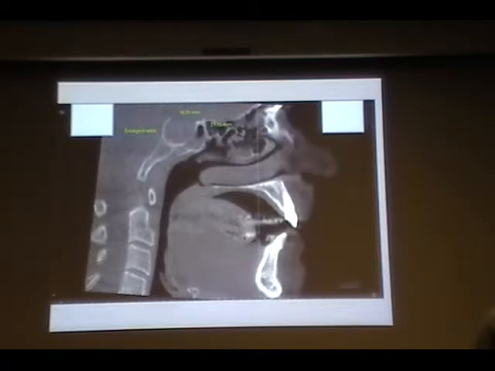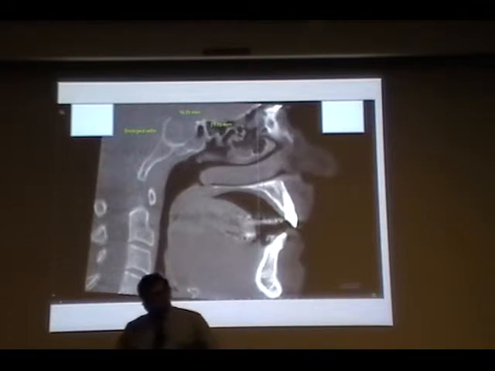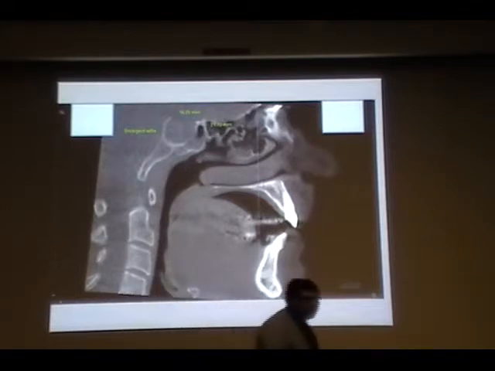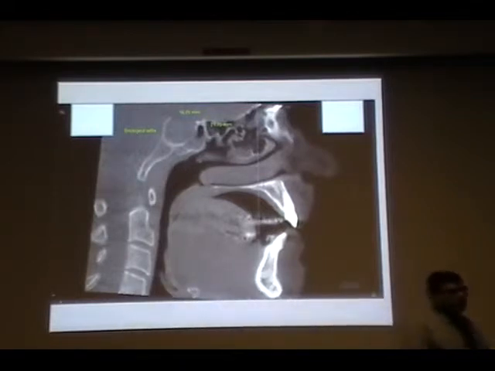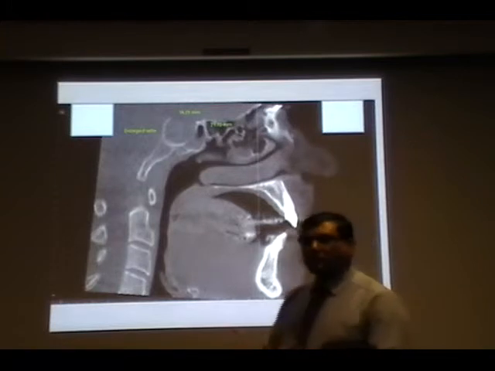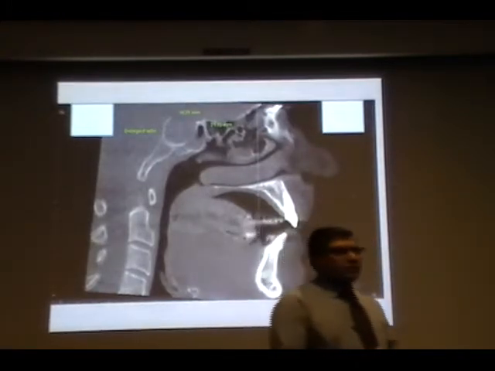So now, teeth are the least concern at this point, right? When you take an image, you are probably going to see not only the teeth but other structures. Depending on how comfortable you are reading, you could read it yourself or send it to a radiologist like me. We can read and provide you the reports. Okay?